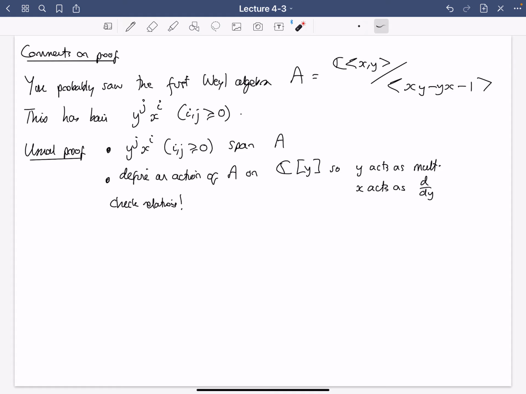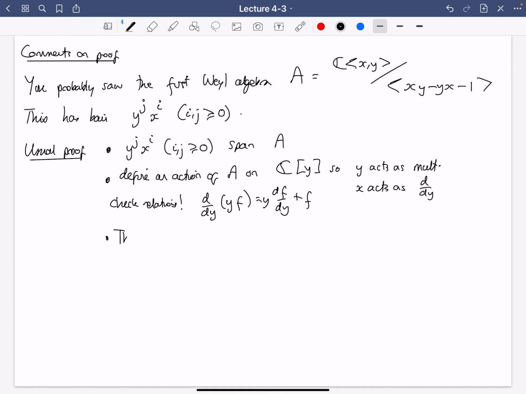And so you just have to check that these endomorphisms of the vector space C of y do indeed satisfy that relation, and that's just the product rule. You just have to note that for a polynomial f, the derivative of yf is y times the derivative of f plus f. And when you rearrange that, if x is this d by dy operator, that's exactly the relation defining the first Weyl algebra.